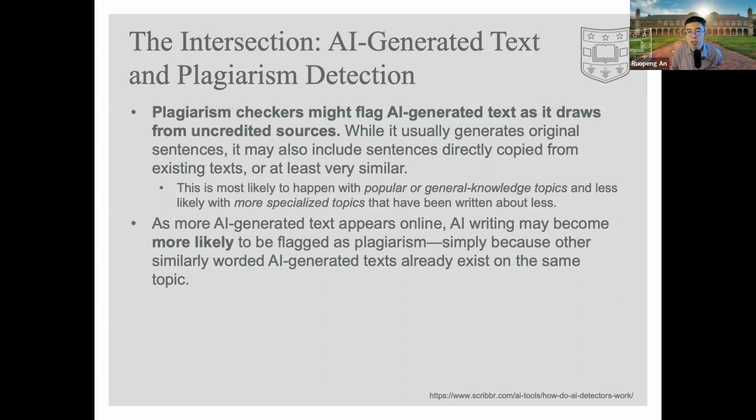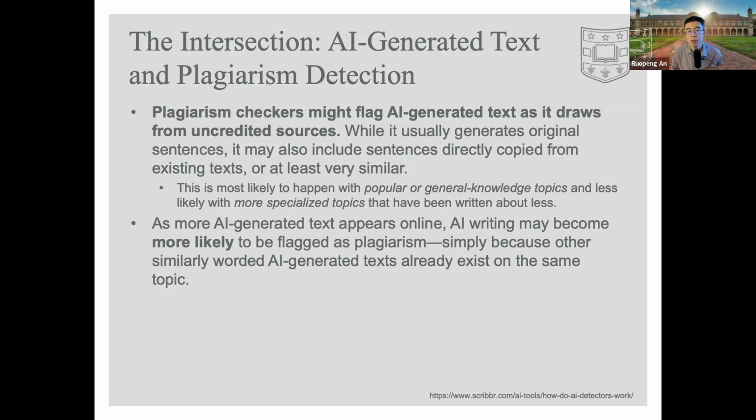If the data set used by plagiarism checkers includes some of the AI-generated text, then it may flag text as plagiarism, although it is actually not a copy of the existing AI-generated text, but maybe human written or maybe generated by AI algorithms.